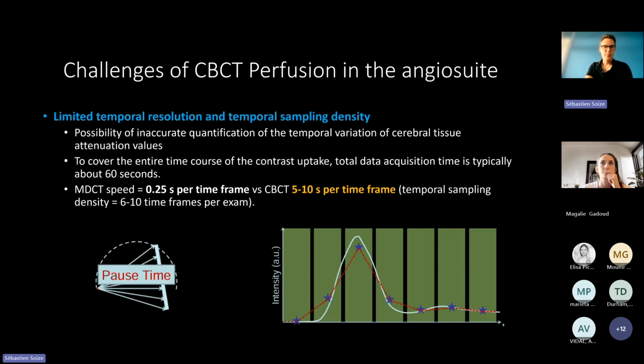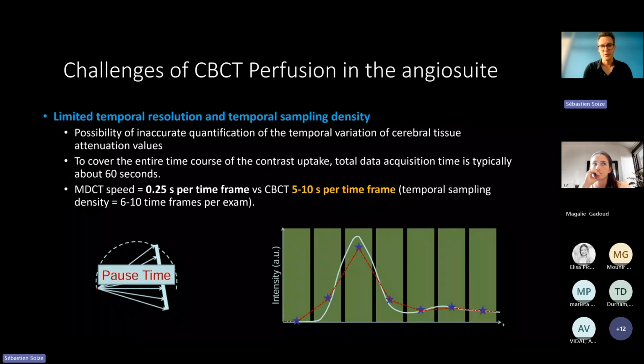So let's talk a little bit about the challenges of CBCT perfusion in the angio suites. The main problem with such protocols is the very low temporal resolution compared to standard CT perfusion and the small sampling density. What does it mean? It means that you got 1 minute where you can acquire your CBCT perfusion images, and in that you need to have as many data points as you can.